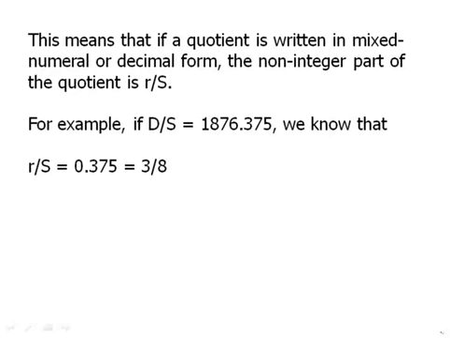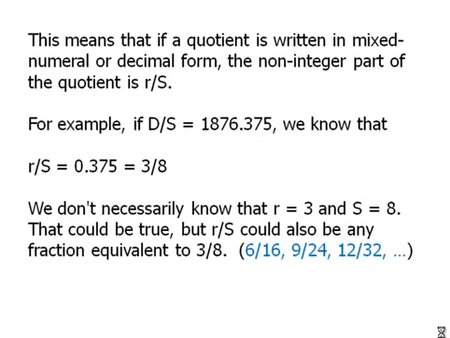Suppose we're told we divide two numbers and we get that horrible long number with a decimal part. We know that the remainder divided by the divisor will equal that non-integer part, that decimal 0.375, which happens to equal the fraction 3/8. We don't necessarily know that R equals 3 and S equals 8. It could be that we have a remainder of 3 and a divisor of 8.